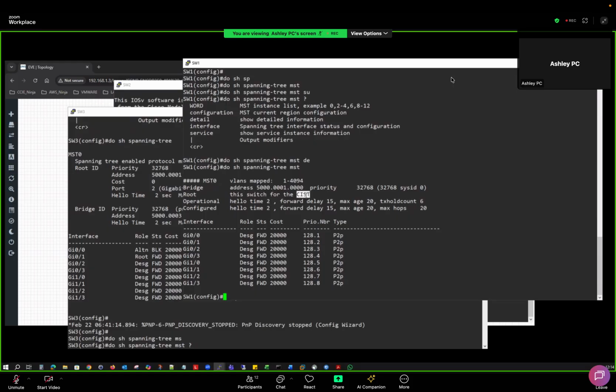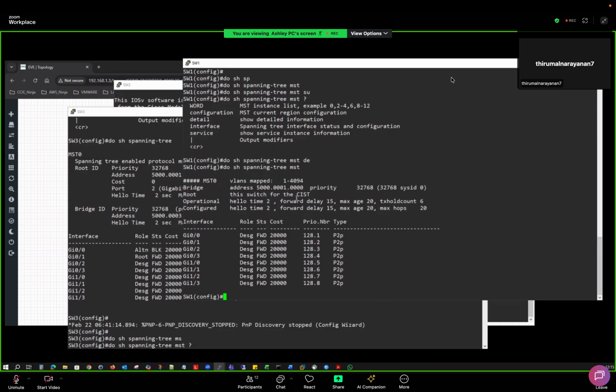CIST is running, common internal spanning tree protocol, for MST0. Is it running for each and every VLAN, on a VLAN basis, or is it running a single instance? Single instance. Yes, single instance.